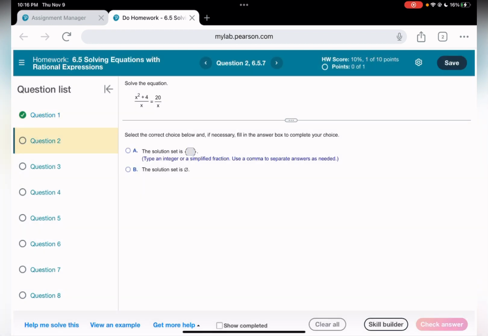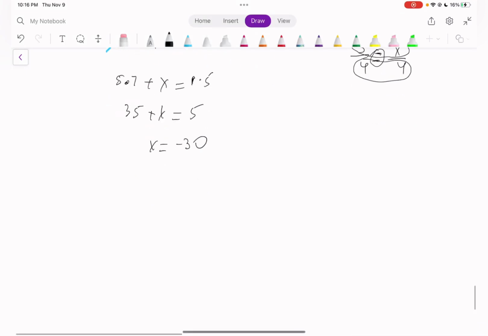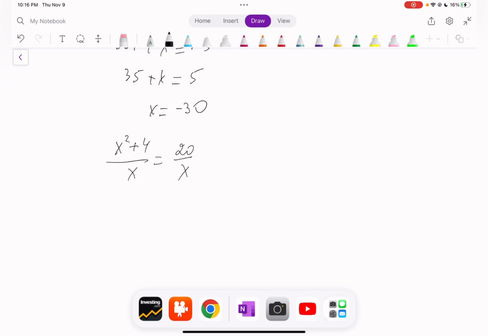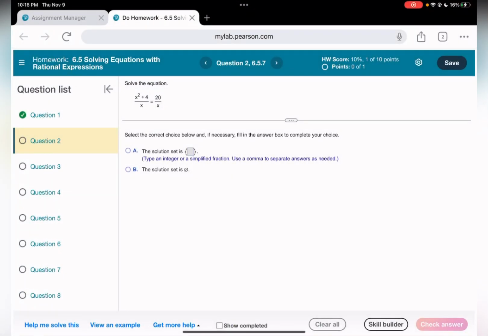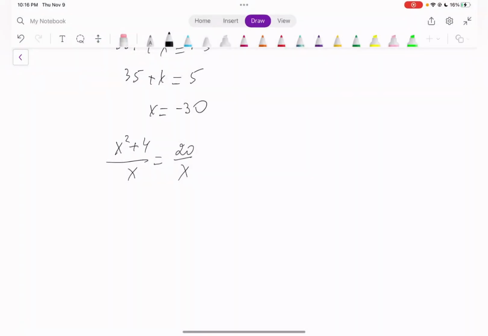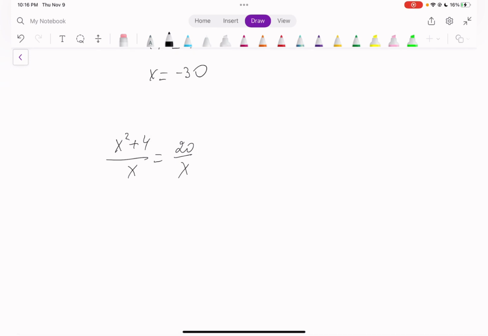x squared plus 4 over x equal 20 over x. Double check. x squared plus 4 over x equal 20 over x. Okay, let's solve it and see what we have. So we have denominator x and x, right?